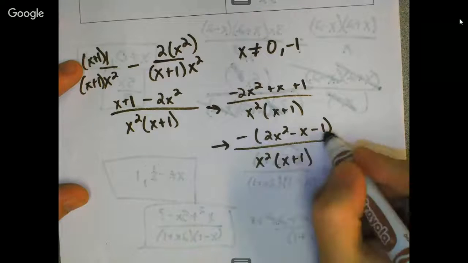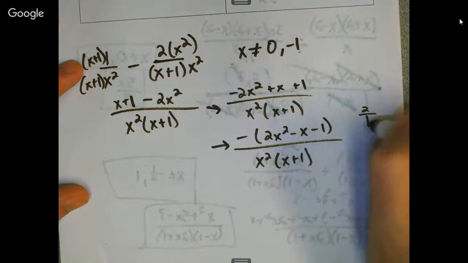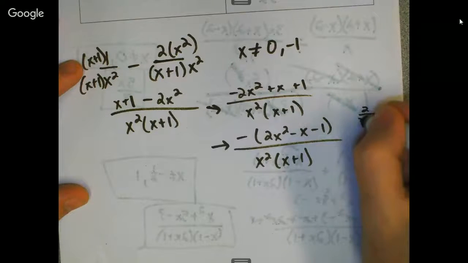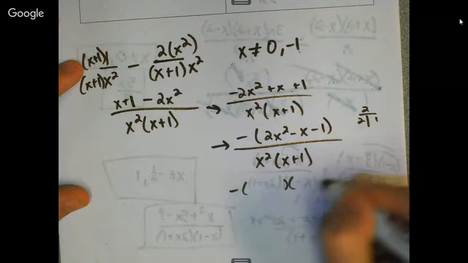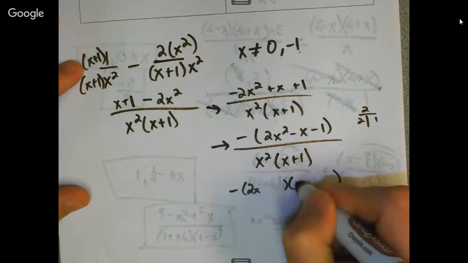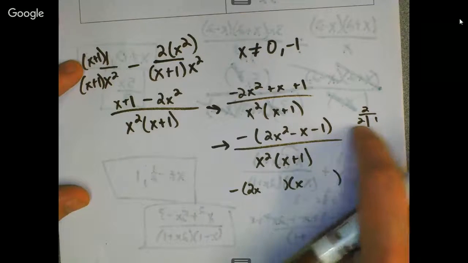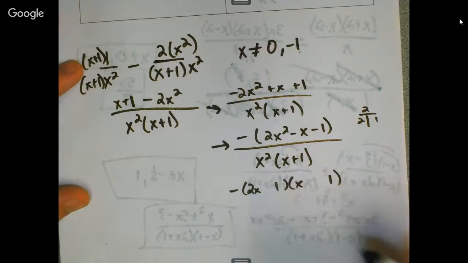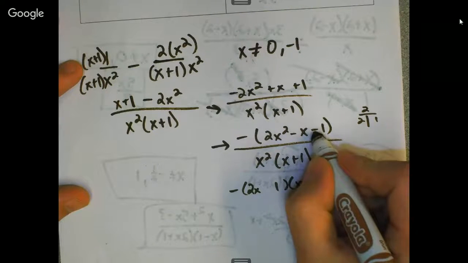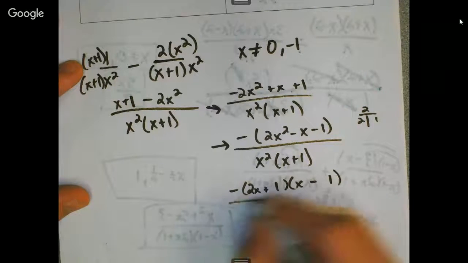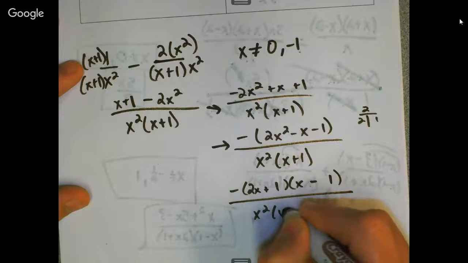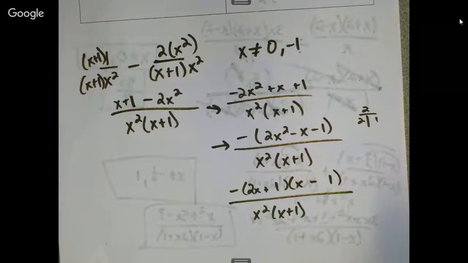So I take 2 times the 1 is 2. Factors of 2 that subtract 1, 2 and 1. Luckily, they're prime numbers. 2 and a 1, so that's a 1 and a 1. Signs are different. The bigger one is negative, so minus positive. Over x squared, x plus 1. Does anything cancel out?